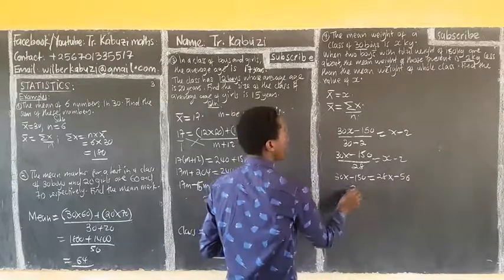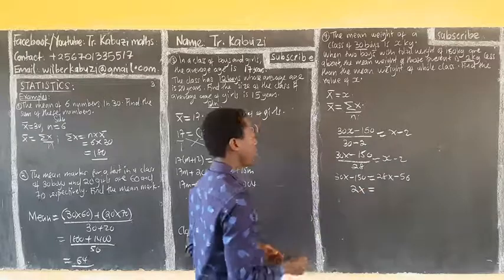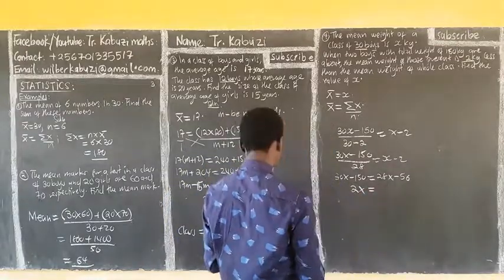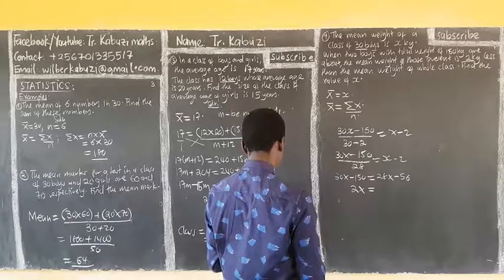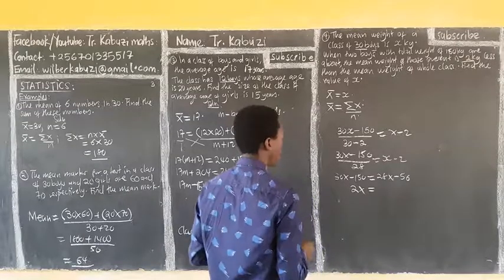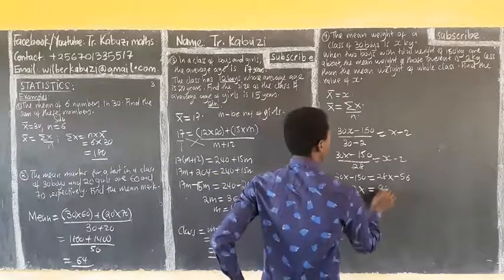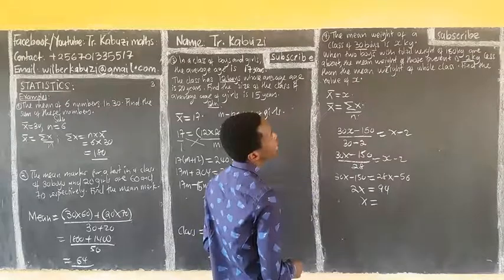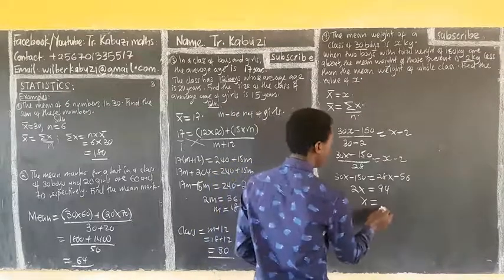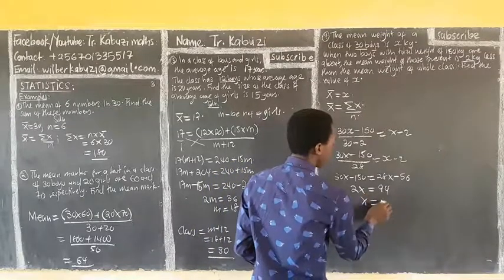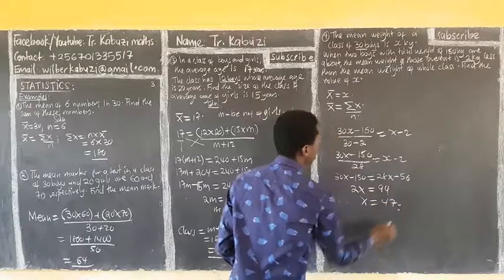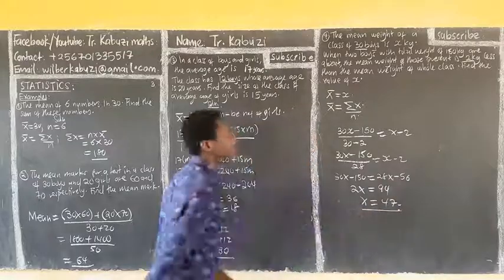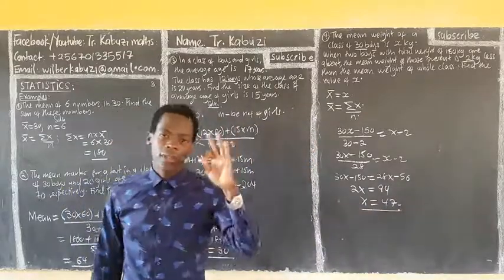And here we shall have 2x equaling, when you subtract this from that, 94. So our x is going to be 47. That is the mean weight of the 30 boys. So that's how we handle those numbers. I wish you the best.